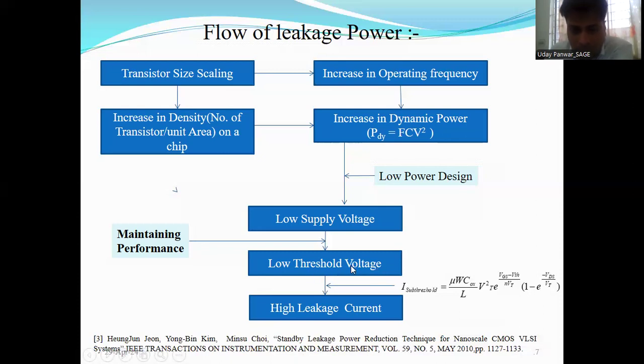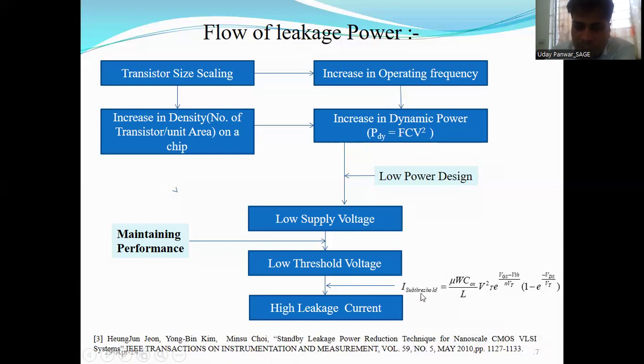But what is the cost the designer will pay? The low threshold voltage means the subthreshold current, or the leakage current. This leakage current is basically proportional to mu, as shown in this equation: mu W C ox by L V T square e to the power (Vgs minus Vt) upon eta V T, times (1 minus e to the power minus Vds upon V T).